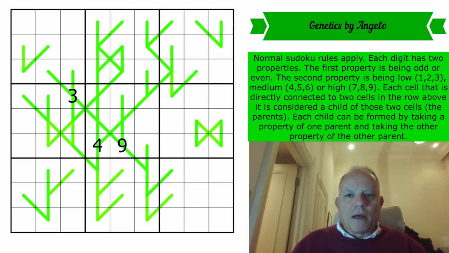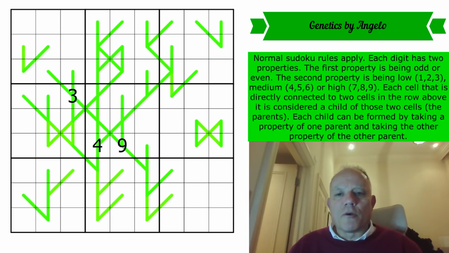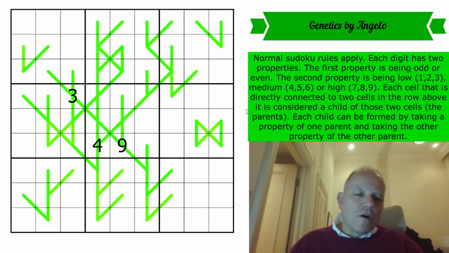Normal Sudoku rules apply, and the genetics content is this: each digit for each Sudoku digit has 2 properties. The first property is being odd or even. Obviously 1, 3, 5, 7, 9 are odd, 2, 4, 6, 8 are even. The second property is being either low, which is 1, 2 and 3, medium 4, 5 or 6, or high 7, 8 or 9.